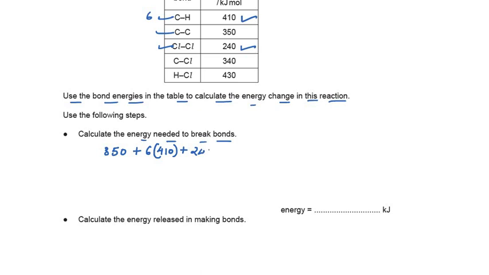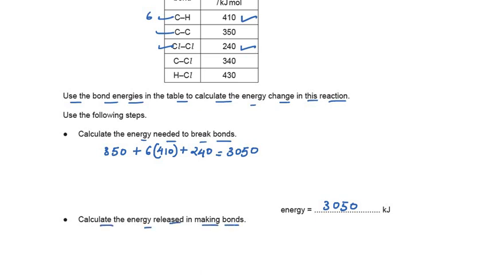On addition of all these values, we should get 3050 kilojoules. So this is what we get for the energy needed to break the bonds, that is the energy of the reactant side.